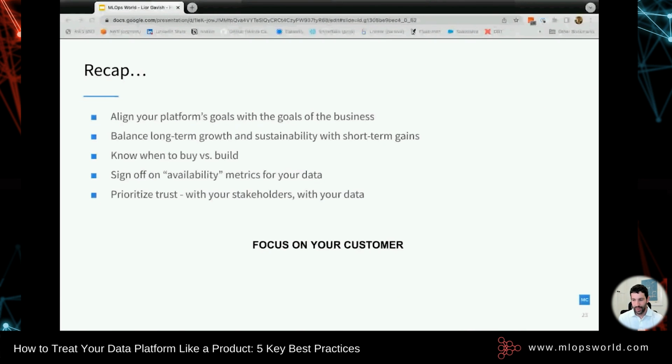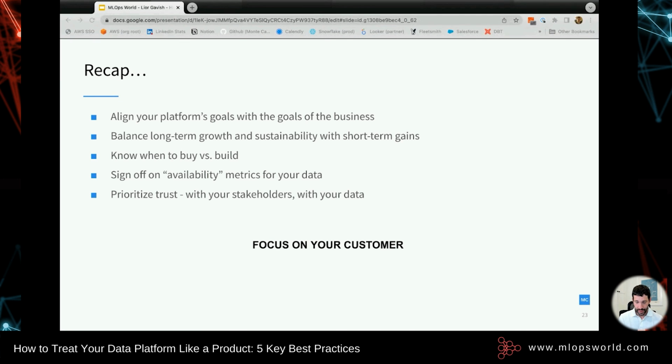So just reminding you, when you're building a data platform, it's important to understand what problem you're trying to solve for your business, and to align the data platform's goal with the business goals. It's important to balance short-term wins with the long-term potential of the platform, and build scalable solutions that really allow others to build on top of and become more efficient.